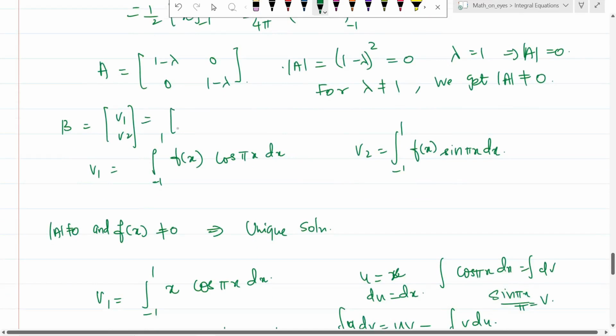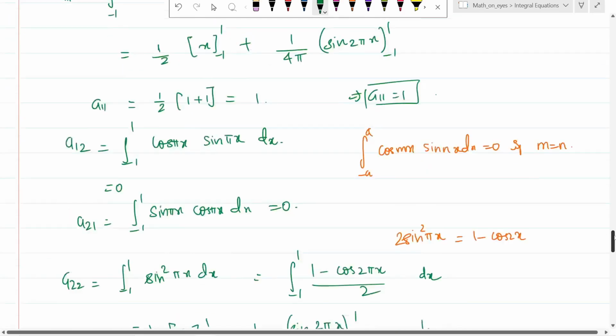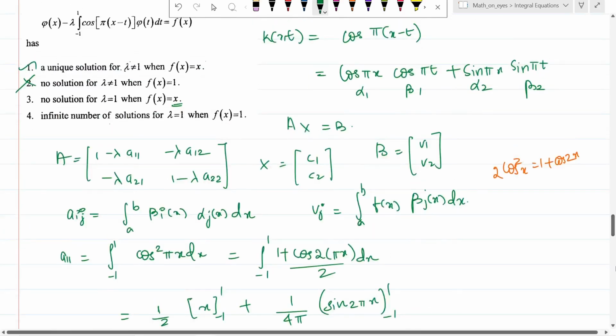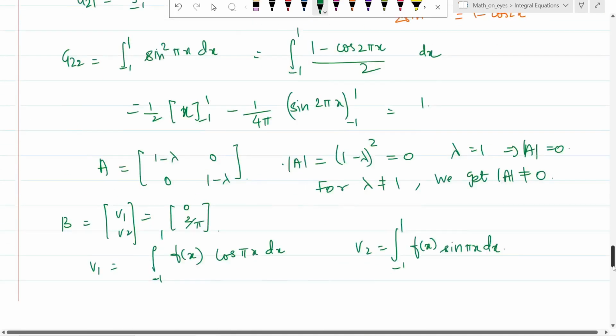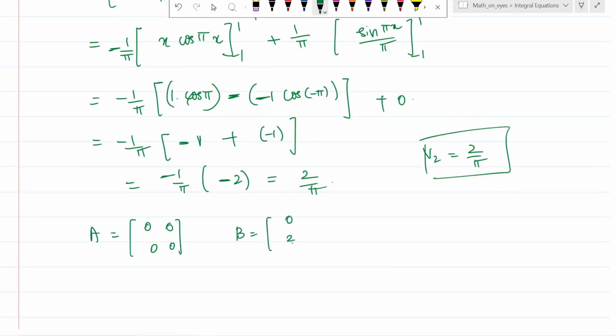B is equal to 0, 2 by pi. And A is equal to, we get it as 1 minus lambda. Here lambda is actually equal to 1. So when I put the terms here in the matrices, we get A matrix to be 0, 0, 0, 0, and then B matrix is equal to 0, 2 by pi.